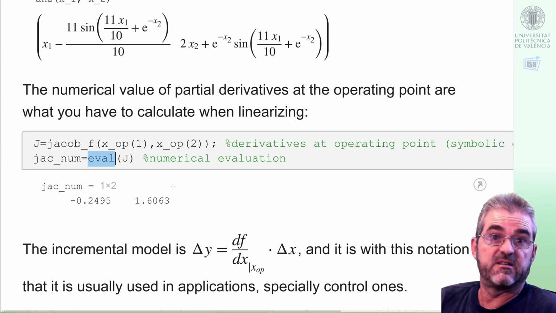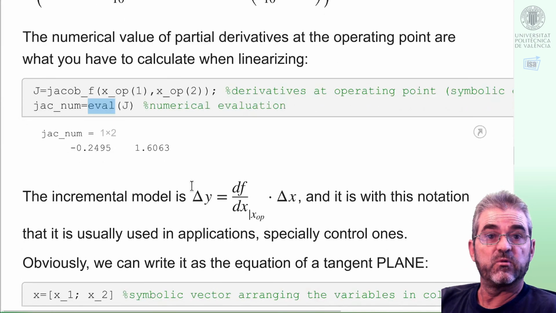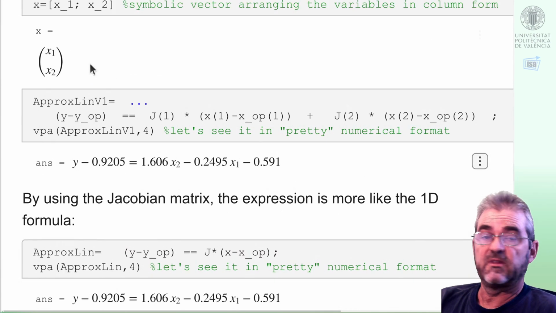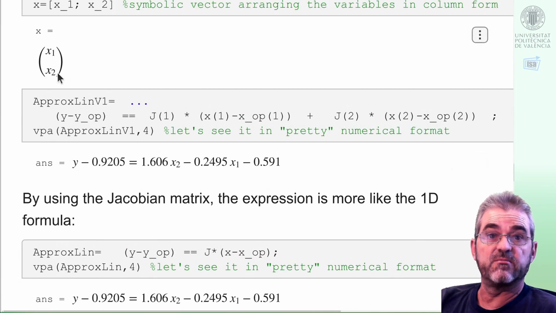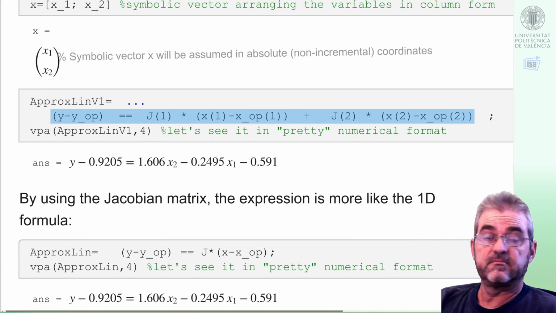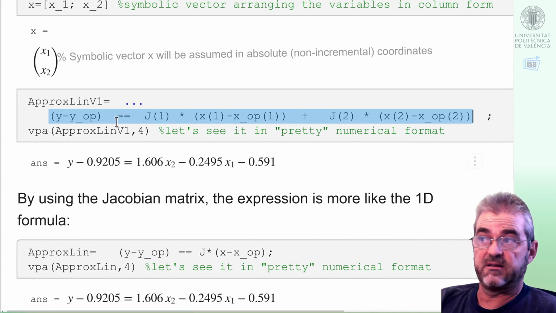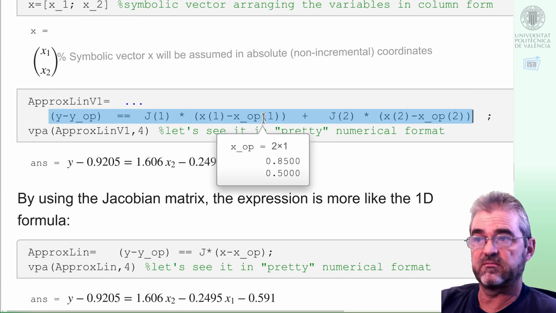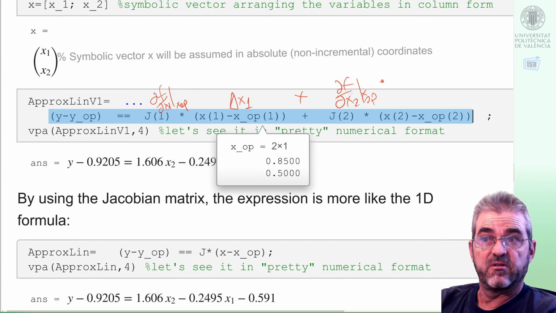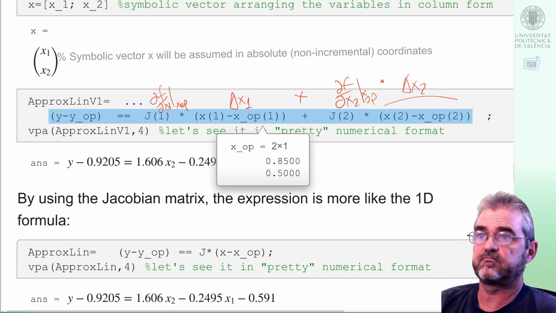So we need a little bit of bookkeeping with Matlab code, in which, well, I have my symbolic x vector. This is my linearized approximation, the increment of y equal to the first element of the Jacobian at the operating point times increment of x1 plus the second element of the Jacobian at the operating point times increment of x2.